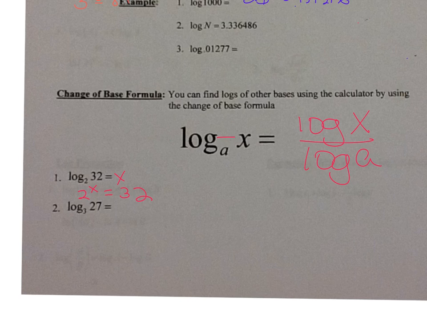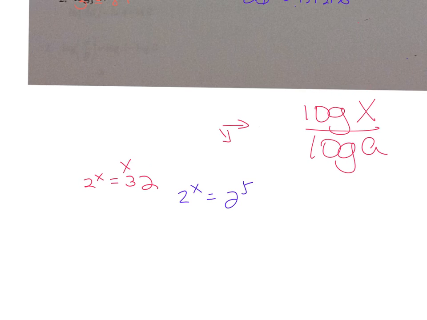So I always tell the kids it looks like it's on top of the a over the log of a. So instead of doing this problem here by getting the same base, and I'm talking about 2 to the x equals 2 to the 5th power, right? Set the exponents equal. Obviously, this is easy. All right, you can do the change of base. So what you would do is, oops, sorry.